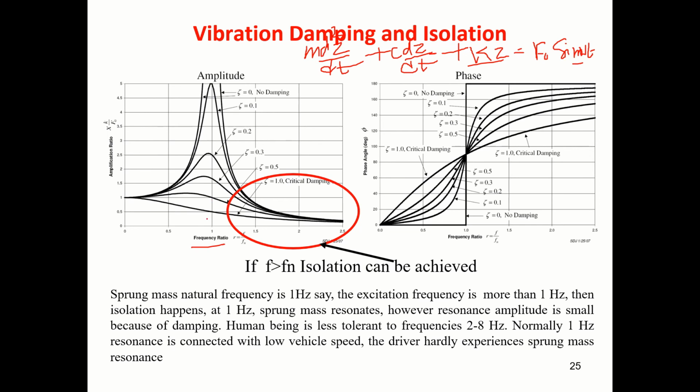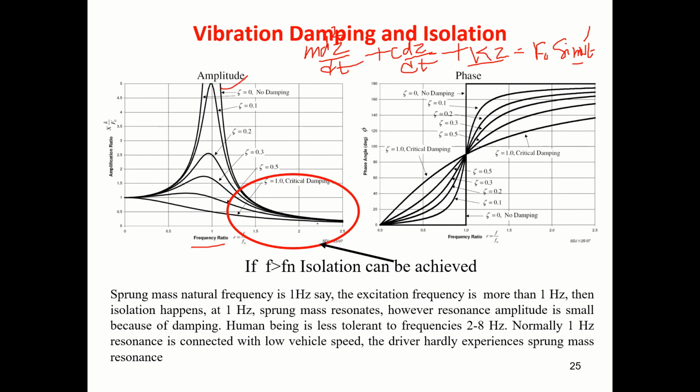If I plot, you see when the frequency ratio is equal to 1, that means the excitation frequency, divided by the square root of k by m, the system frequency, that is the natural frequency, equals 1. You can see here, if zeta is equal to 0, it oscillates with infinite amplitude. But if I go on adding zeta, the amplitude decreases. That's the main thing there. So that is damping.